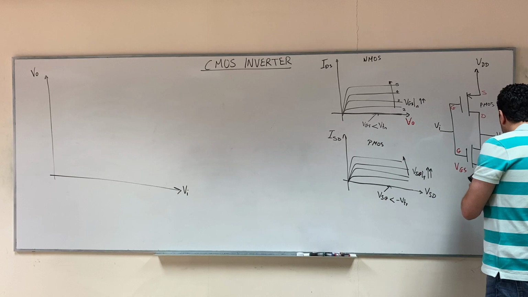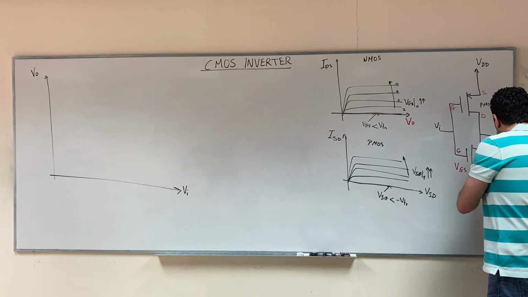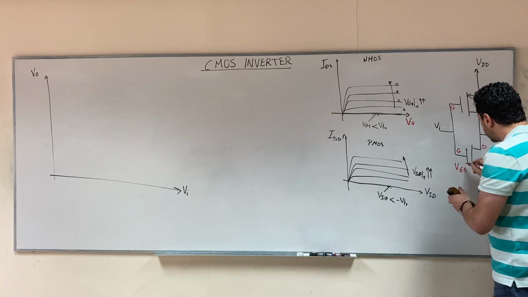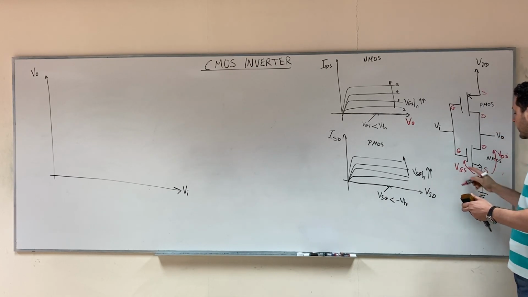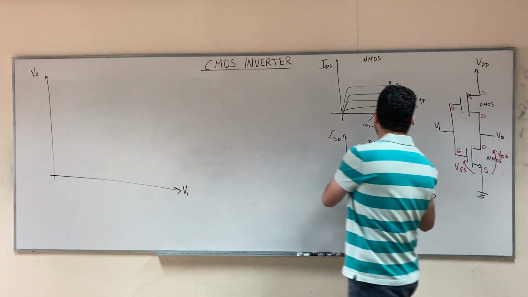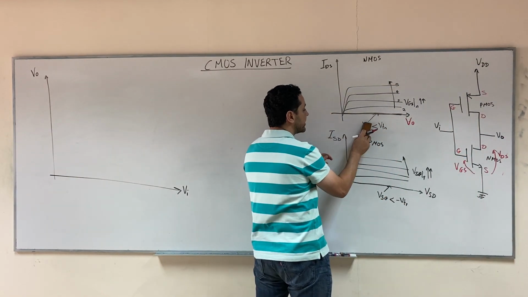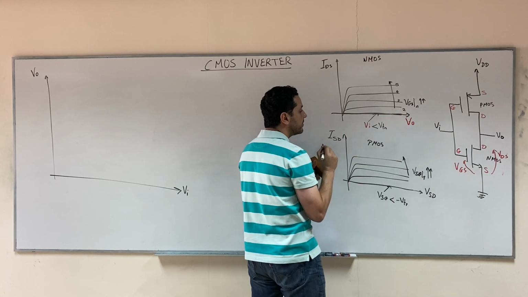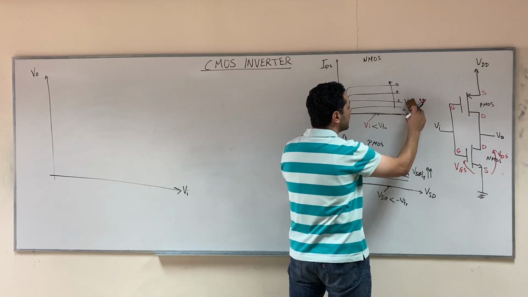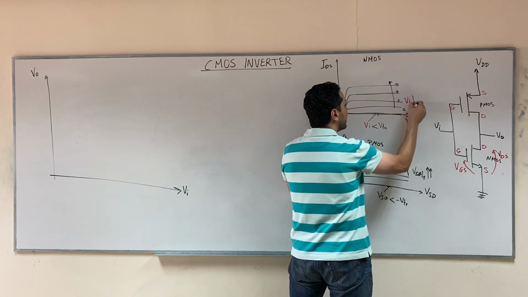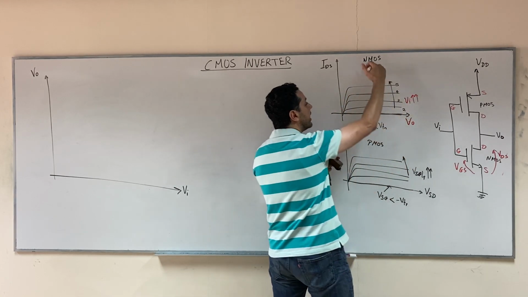And VGS is the same as what? VGS is the same as V input. So here we say that if V input is less than V threshold, you will get a zero curve. And as V input increases, you will get a higher curve.